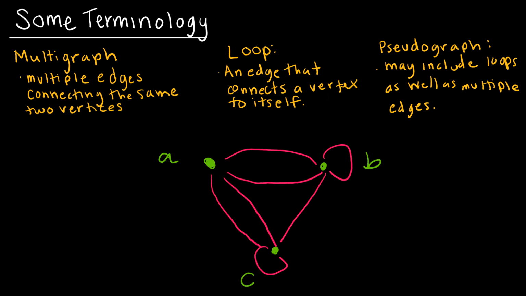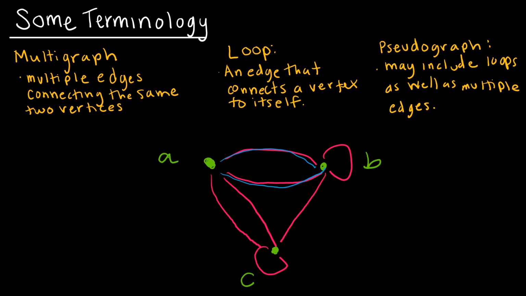Just a couple of things with terminology. There's a lot of terminology when we're talking about graphs because it's something probably that you haven't studied before. So first let's look at a multigraph. A multigraph has multiple edges connecting the same two vertices. So here I've got an edge connecting A and B, and here I have another edge connecting A and B, and that's what makes this a multigraph.